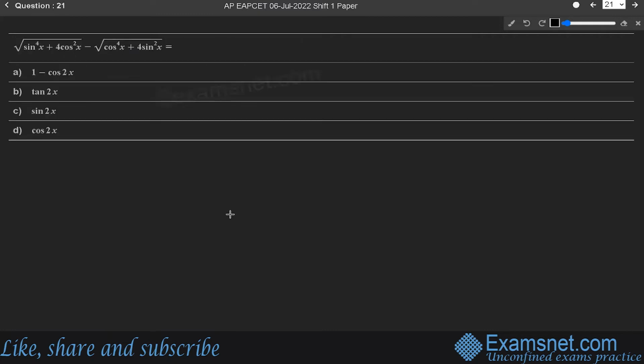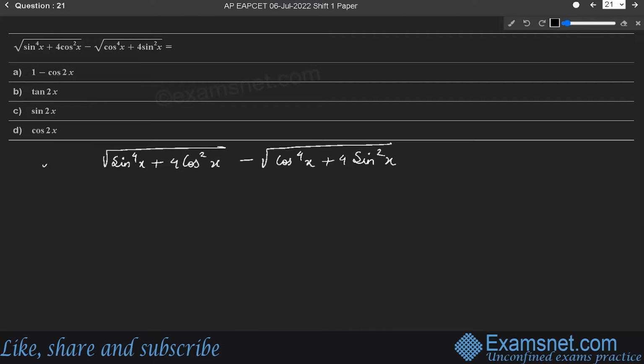Next question is also from trigonometry. And the question is under root of sine power 4x plus 4 cos square x minus under root of cos power 4x plus 4 sine square x is equal to. So let this be equal to f of theta.